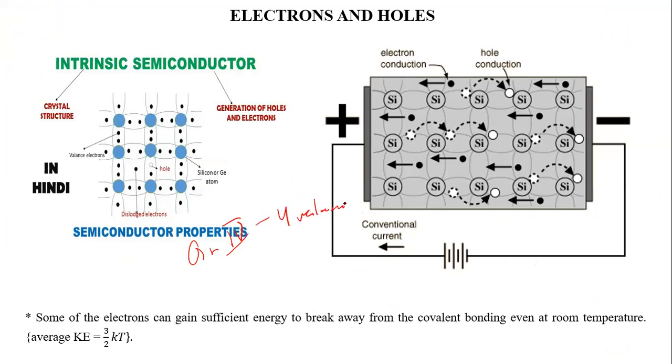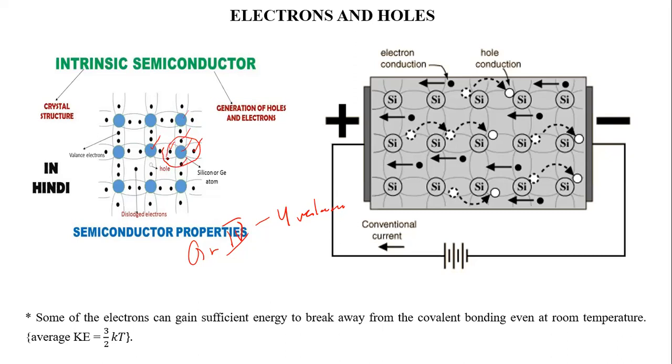Let's say this is a group 4 atom. This atom will contribute to chemical bonding by covalent bonding with the neighboring atom. 1, 2, 3, 4. So it has 4 electrons here.